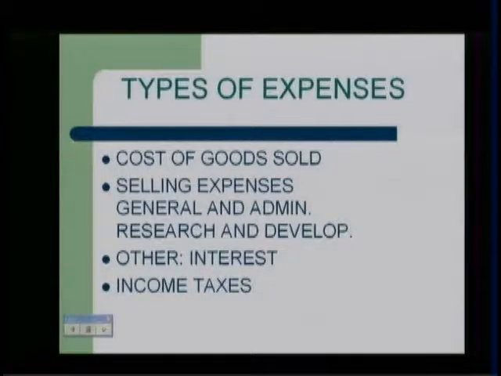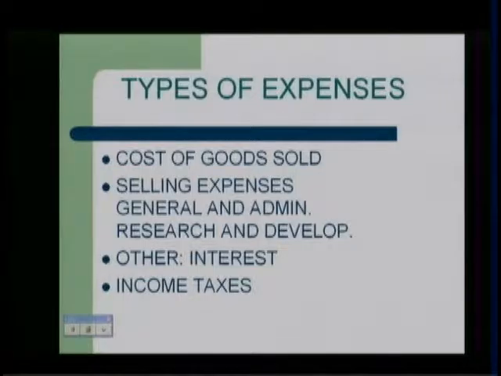One of the major types of expenses that you'll see on an income statement is called cost of goods sold. Cost of goods sold is the cost of the product that the company is selling. It can either be a merchandiser who has purchased goods and is reselling them, or it can be a manufacturing firm that is selling things that they have produced.